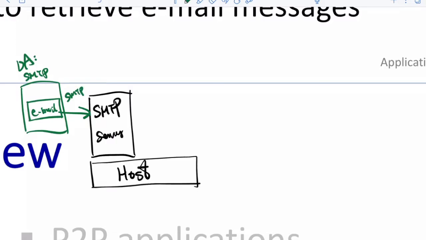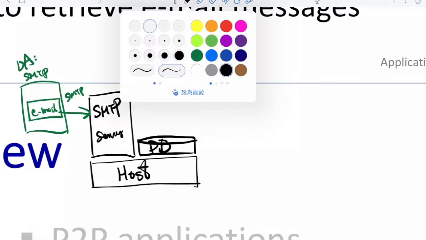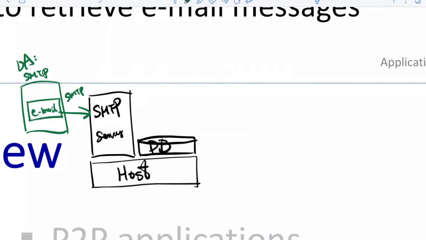However, usually on this host there should be a database, because in the current architecture, those mails are not stored in folders. Usually the mailbox is implemented using a database. So those mails go to the database.